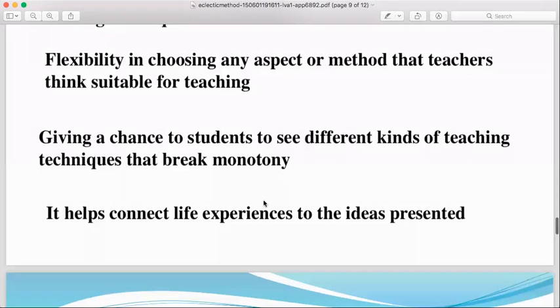What is monotony? Quickly, what do you mean by monotony? Then we are about to finish this.